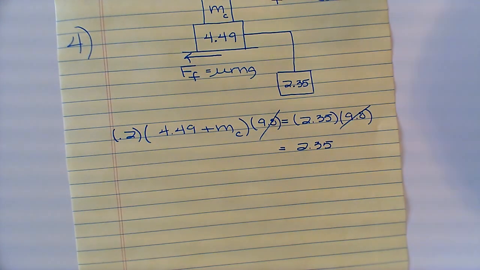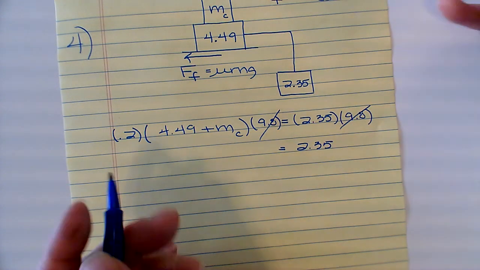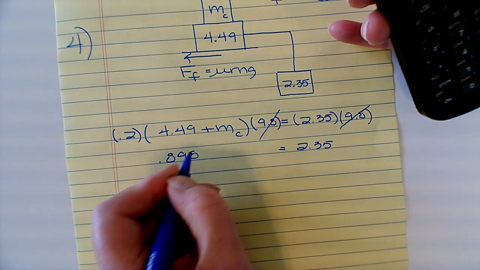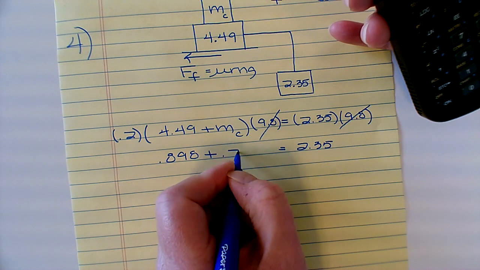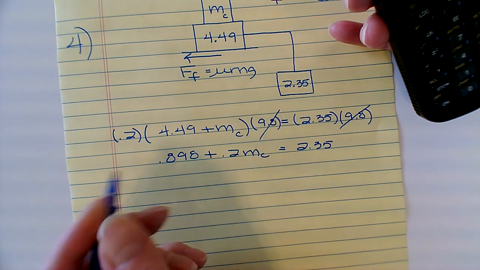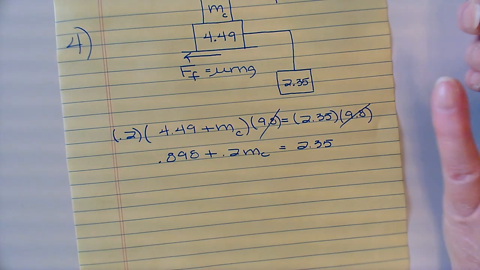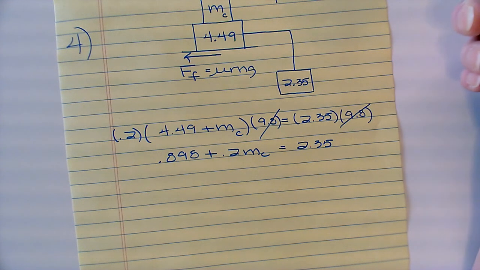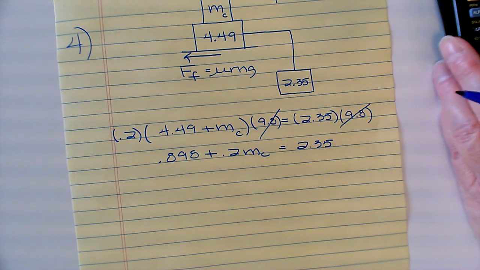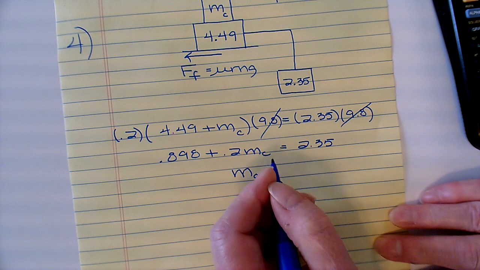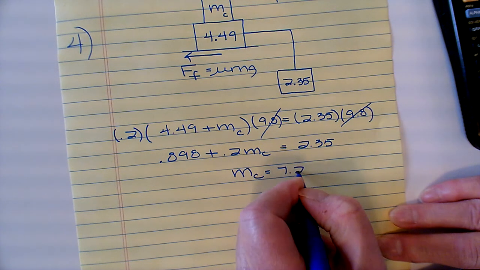And I could multiply, I did not do this here, so 0.2 times 4.49, that's going to be 0.898 plus 0.2 the mass of block C. So 2.35 minus that, divide by 0.2, and I get the mass of block C turns out to be 7.24 kilograms.